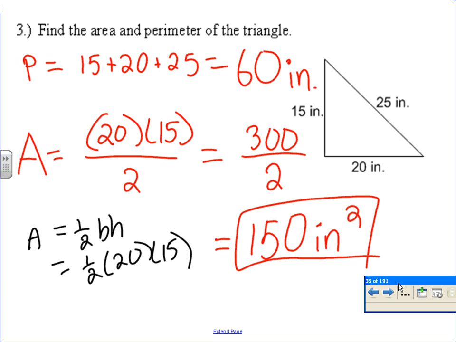As long as you're using the height and the base, same way. Right, doesn't matter. Mary. Yeah, I know, but 25 is the hypotenuse. You always need to use the height and the base. Sean.